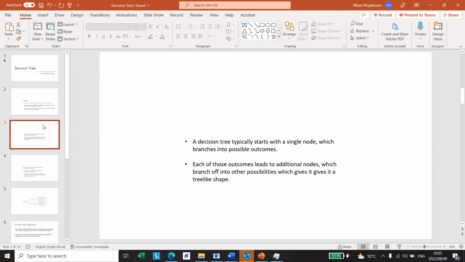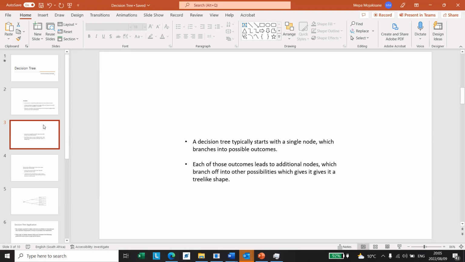Now, a decision tree typically starts with a problem, and to put it on paper, you start with the nodes, which branch into possible outcomes.